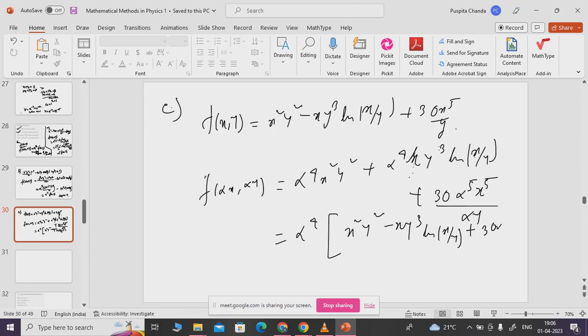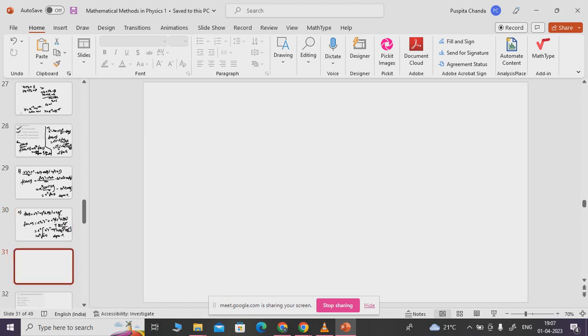We can take common alpha to the power 4. So alpha to the power 4 function of xy, it has degree 4.